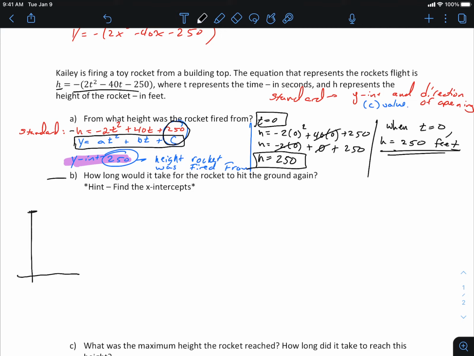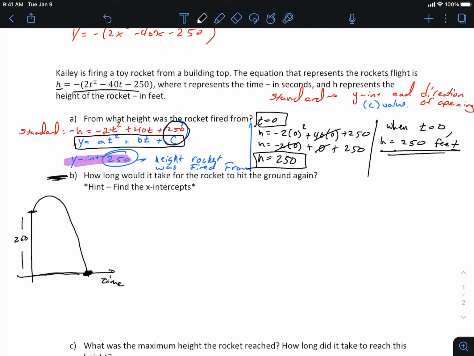And we fire this rocket. It's going to go up, and then it's going to come back down again. This question, part B, is asking us, how long, time-wise, does it take for this rocket to hit the ground? If it starts 250 meters in the air, that's what we want to know.